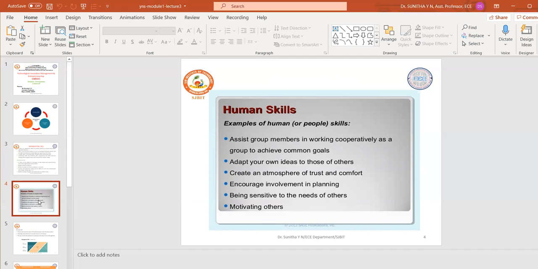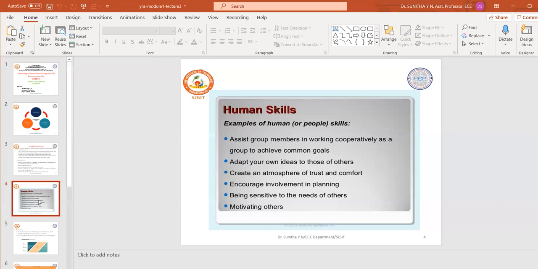Adopt your own ideas to those of others. Always, we should not try to copy. We should always give our best. We should give our originality in our work. Definitely we may do better than the co-workers, or we may go one step lower than them, no matter, but we will have our originality in the work.